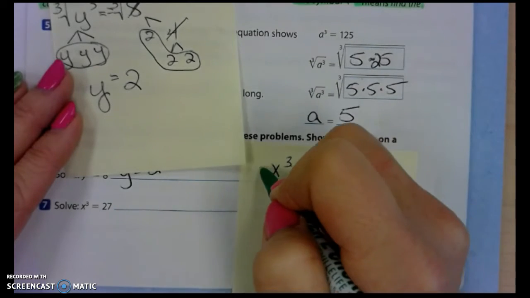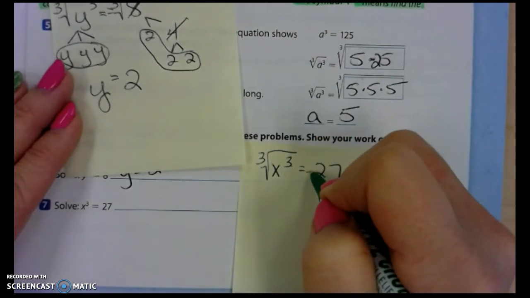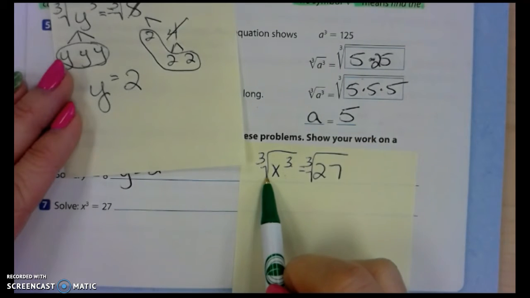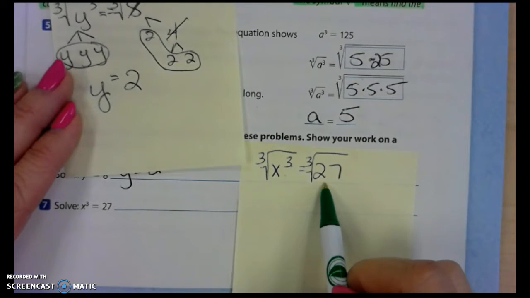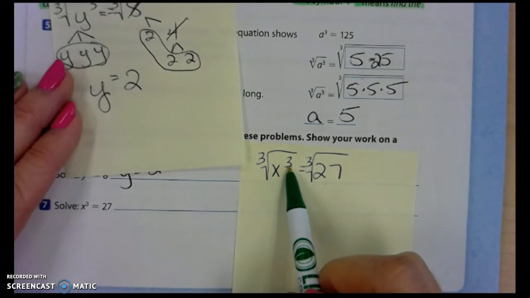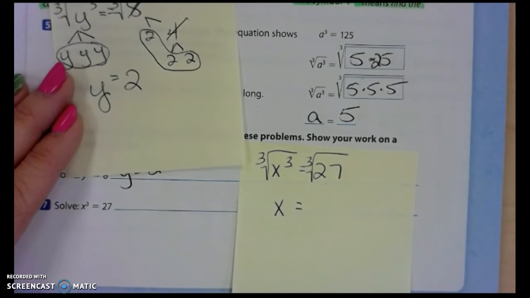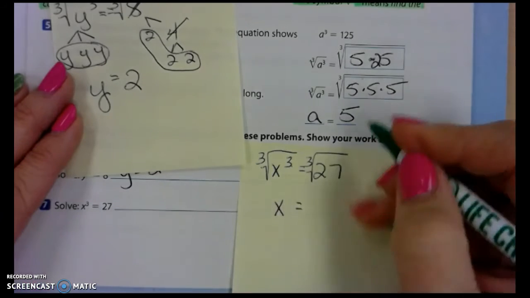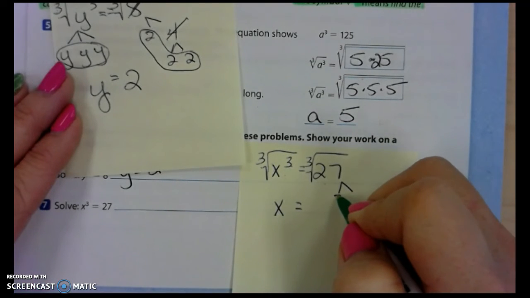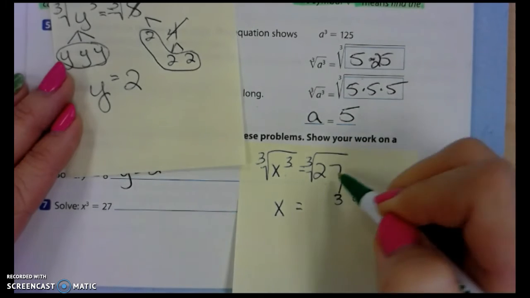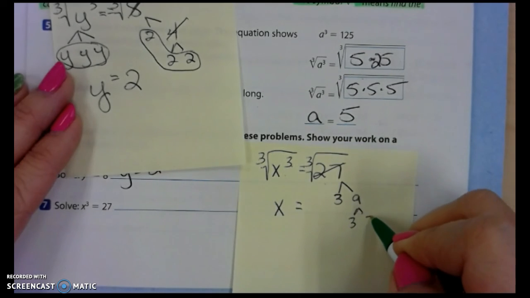If I want to cancel the cube, I use a cube root. Anything I do to one side of the equation, I have to do to both sides. The cube and the cube root cancel out and leave me with x. I'm going to have to factor 27. 3 times 9 makes 27, and 3 times 3 makes 9.